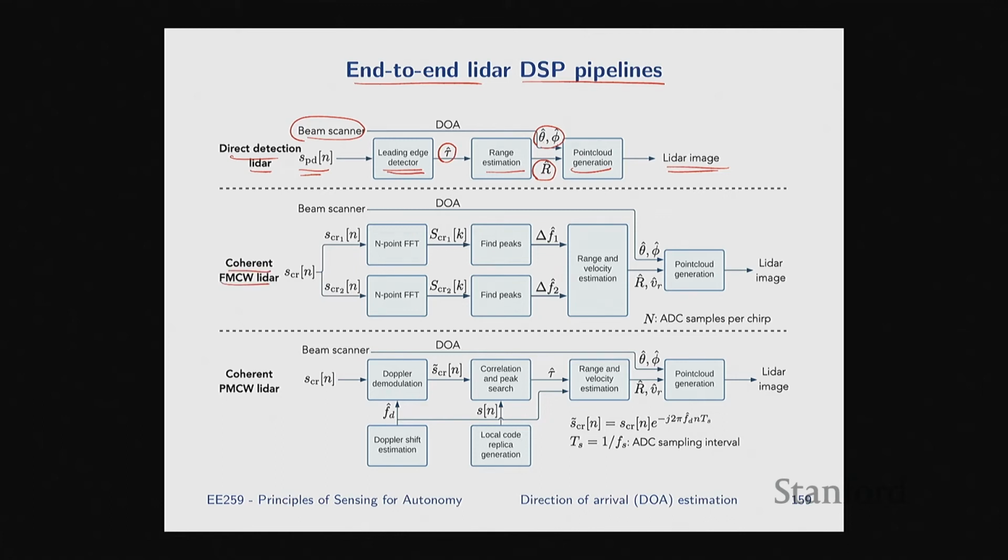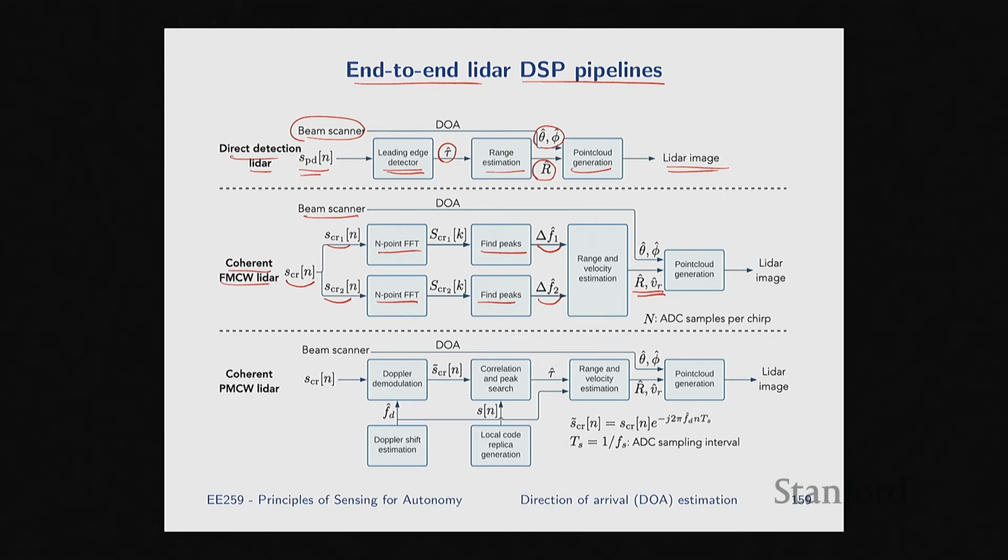Coherent LiDAR, let's say FMCW that we just talked about. So you get your signal out of the coherent receiver. You break it into two halves. We call that SCR1, SCR2. It's the two halves of the same signal. You do FFTs on the two, and then you find the peak in each FFT that gives you your delta F1 and delta F2. And then by some very simple math on delta F1, delta F2, as we know, you can estimate range and relative radial velocity.